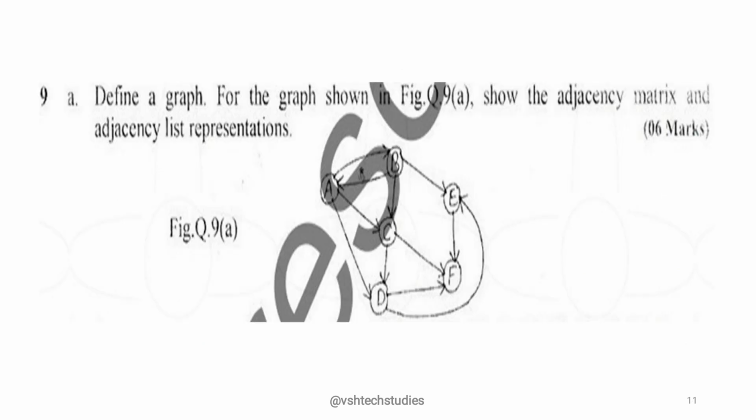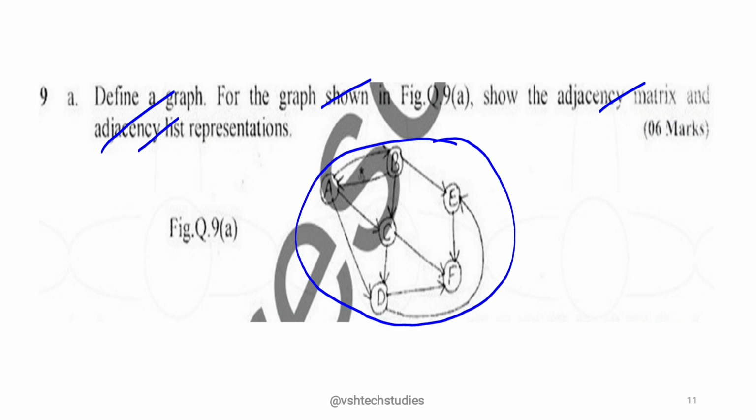Next we shall solve one problem, and this is the problem taken from the final exam. For the graph shown here, show the adjacency matrix and adjacency list representation. This is the graph shown here.